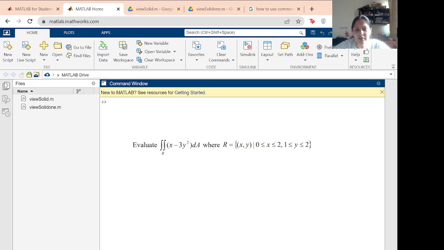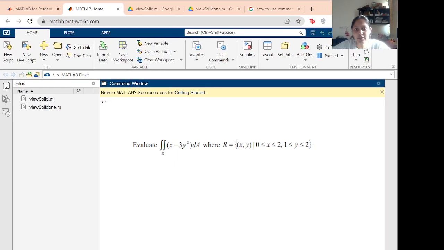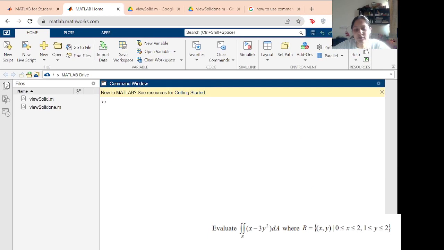So the value of x and y, the set, is given. First of all, we use CLC, clear all. We declare our variables. This is common to all the programs, as all of you can see.